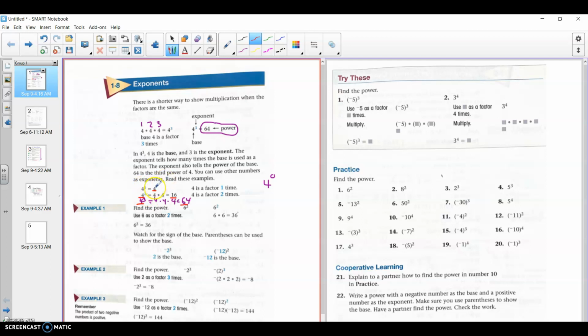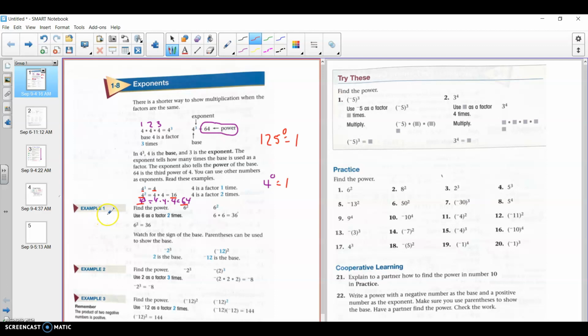So when I take 4 and divide it by base 4, my answer, 4 divided by 4, is 1, which means if I put 4 to the 0 power up there, going in order, 4 to the 0 power is 1. So even if you have a high number like 125 to the 0 power, your answer is not 0, your answer is not 125, it is 1. All numbers that are to the power of 0 will be 1.